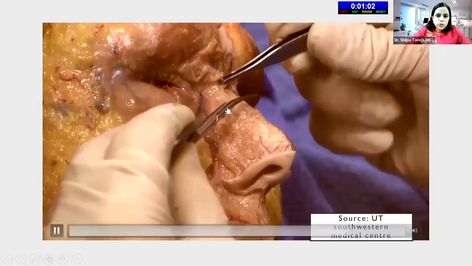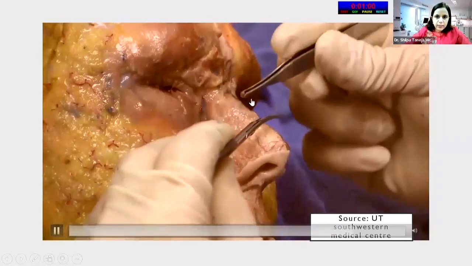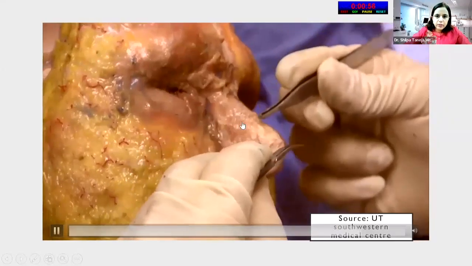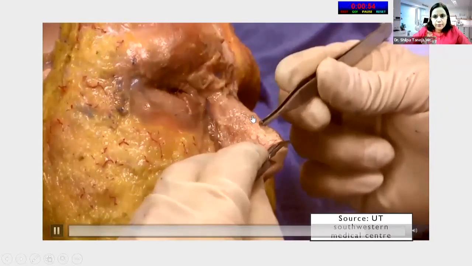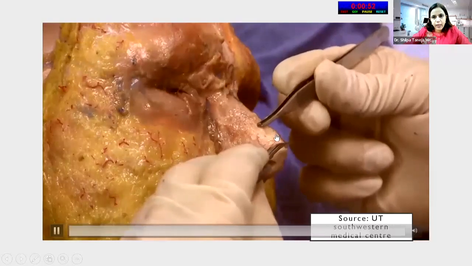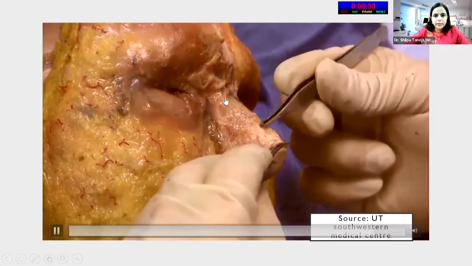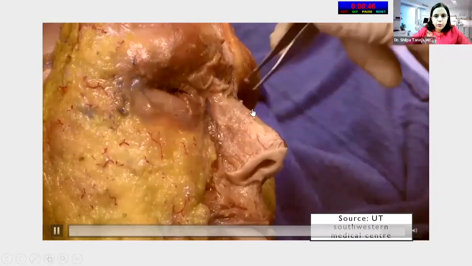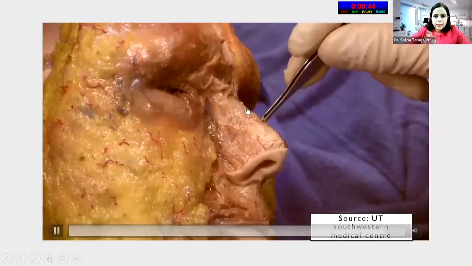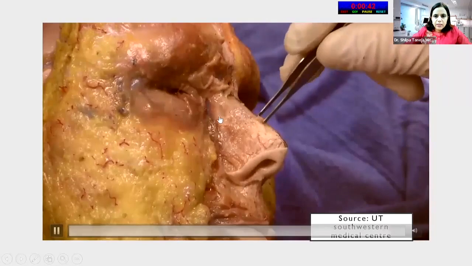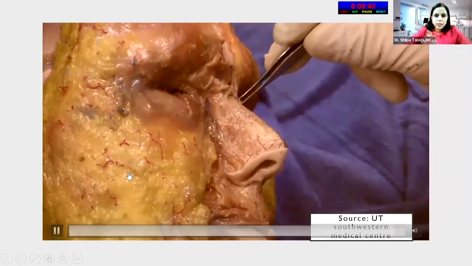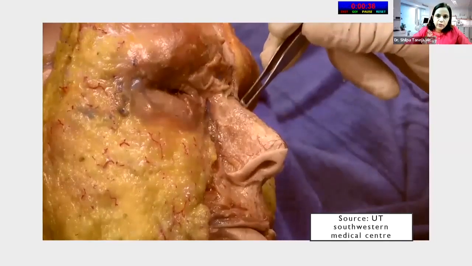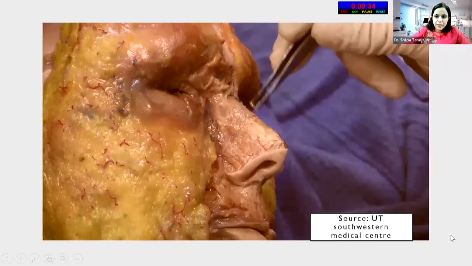So the safest zone to inject fillers is the central third, as shown here. This central one-third of the nose is the safest zone, and not the lower one-third and neither the upper one-third, to inject fillers. And that too, when you move over this mass, we can see free movement of these structures. This is the zone where we need to inject the fillers.